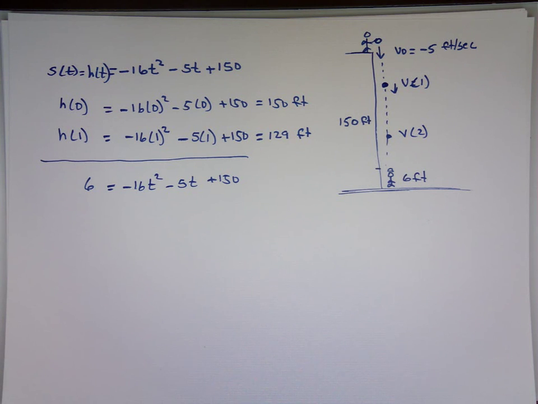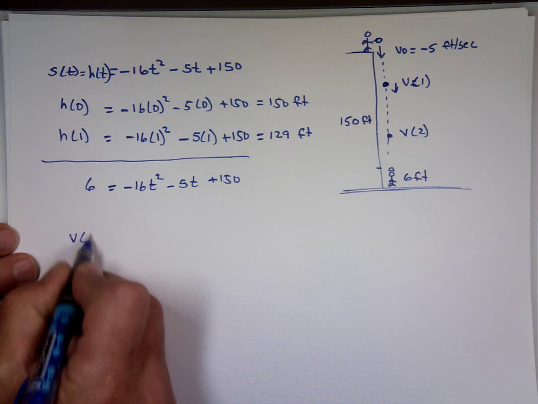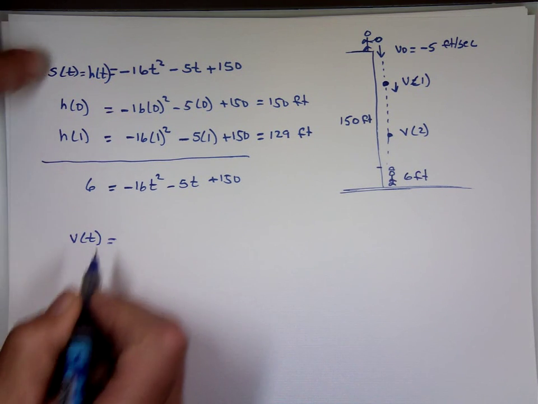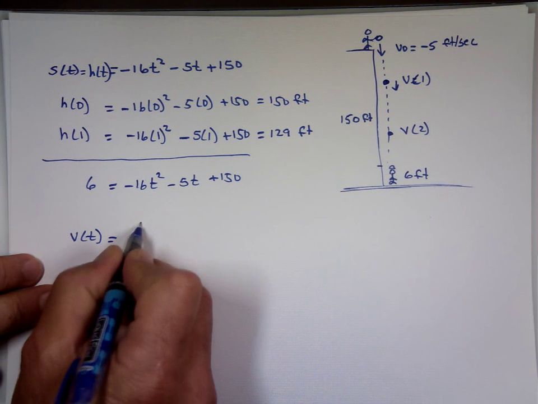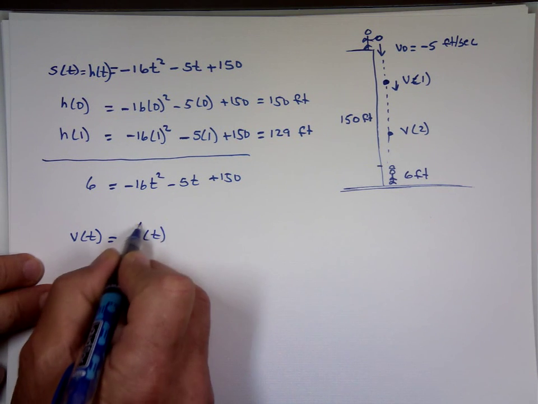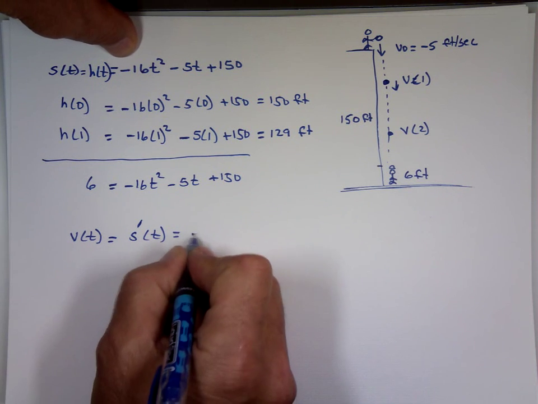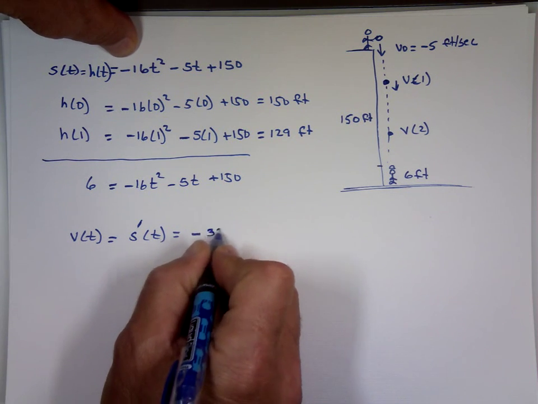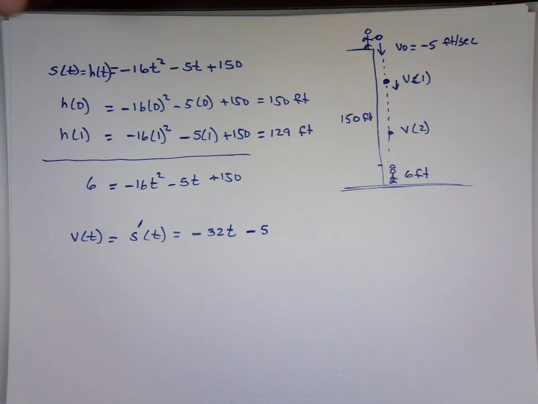Well, the velocity, or the speed, is the derivative of the height, the displacement. If you take the derivative of that, what's the derivative? -32t minus 5. So that's why you need the calculus to find the velocity.